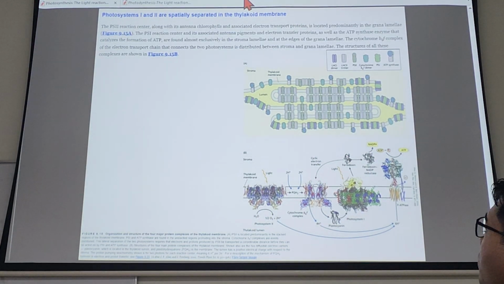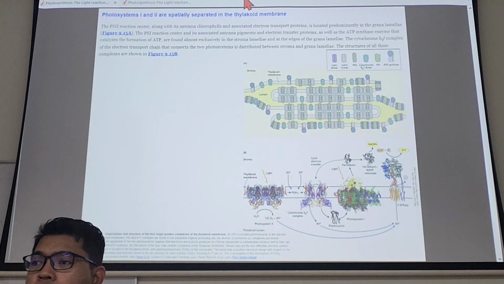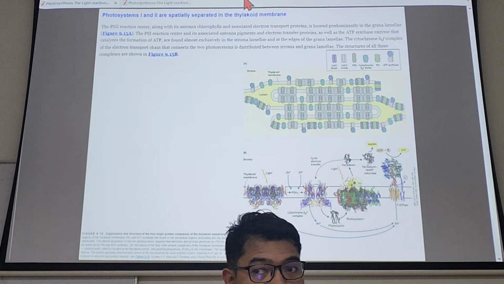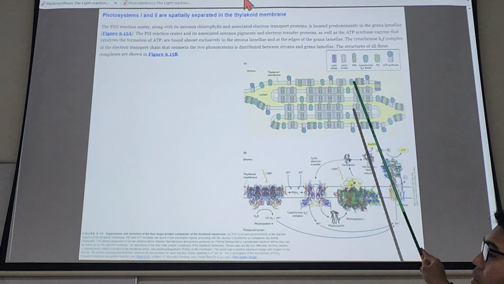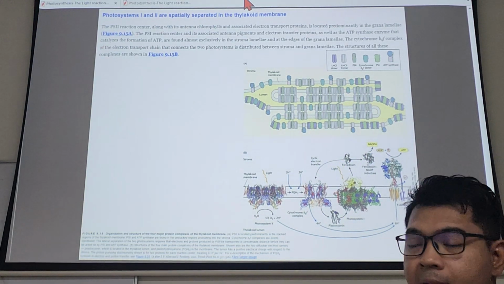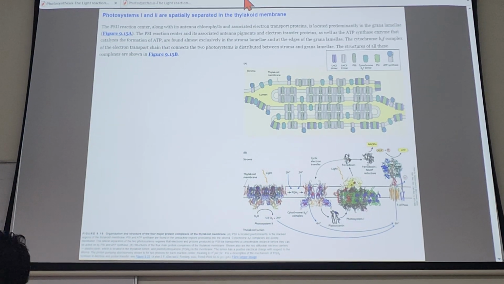And another thing that you need to understand here is the localization of the protein. This is very important. You can read a bit more later. What I can highlight is that, remember, lamellae means filaments, because this tubing looks like a filament.